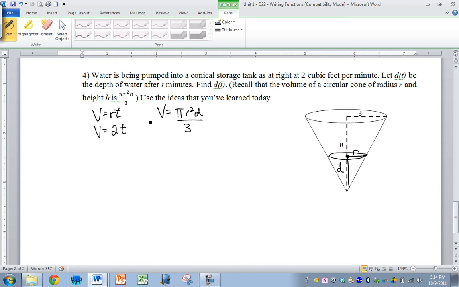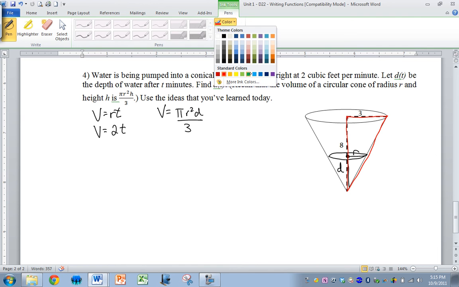Now the problem is I have too many variables. I have t, I have the radius, which changes, and I have my depth, which also changes. But one thing I do notice is I have two triangles here. I have this triangle right here, and I also have this triangle right there. And what do I know about those two triangles, you ask?